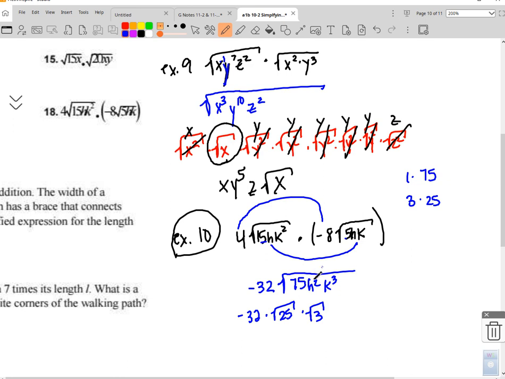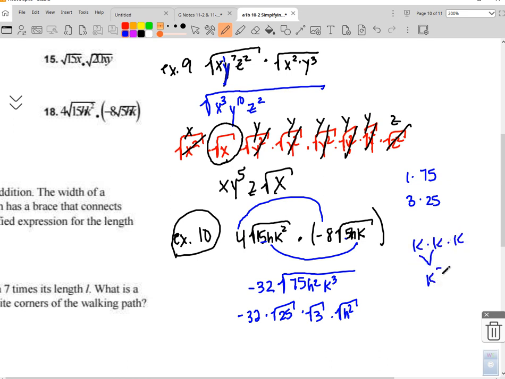Okay, now we're going to work on our variables. We're going to write these as perfect square factors. Well, 8 squared is a perfect square already, so we're just going to bring that down. But k cubed, not a perfect square. Can we write k cubed as a product of a perfect square and another factor? K times k times k.